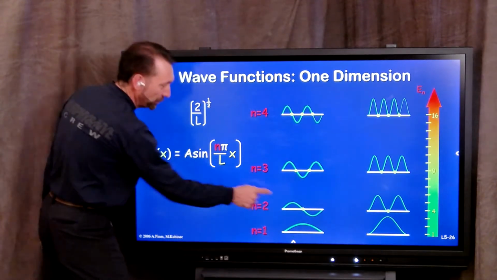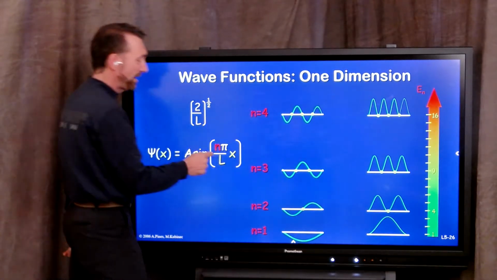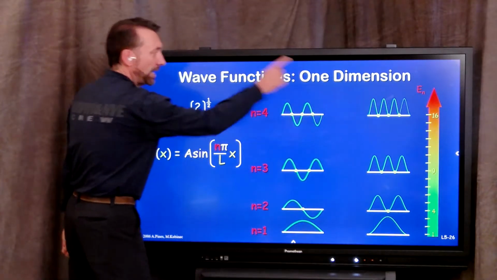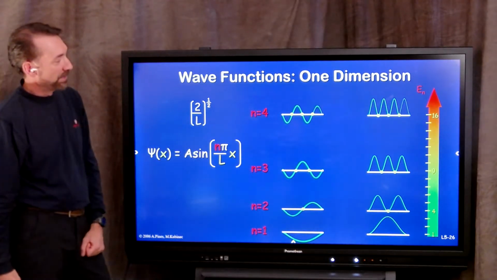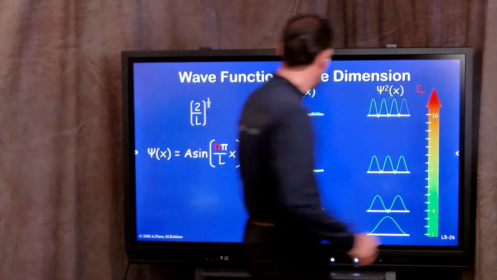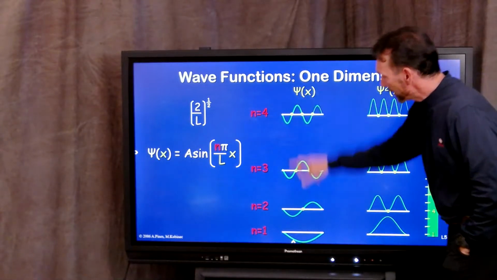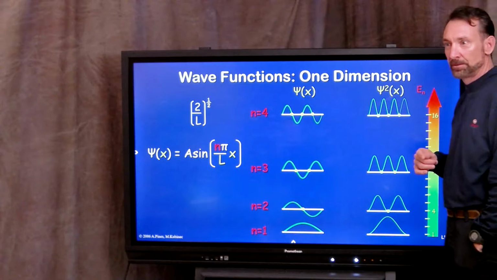I let n be 2, I get a full standing wave. I let n be 3, 1.5. I let n equal 4, and I get 2 full standing waves.